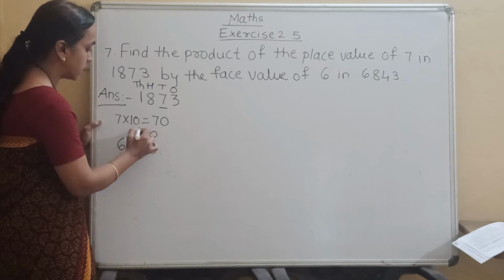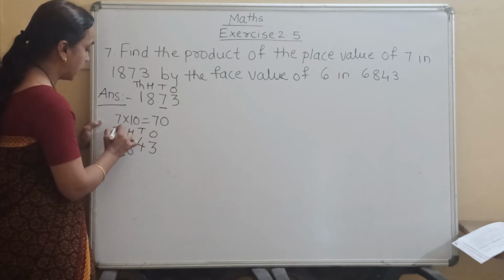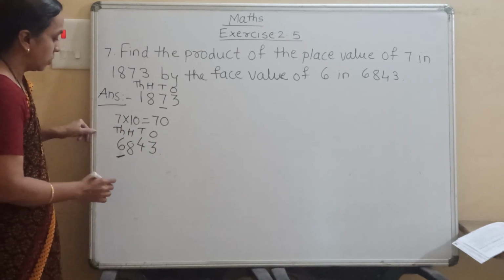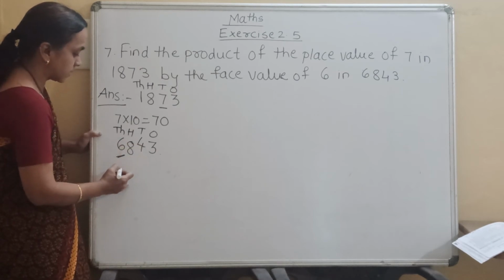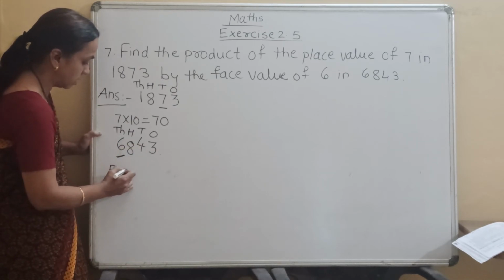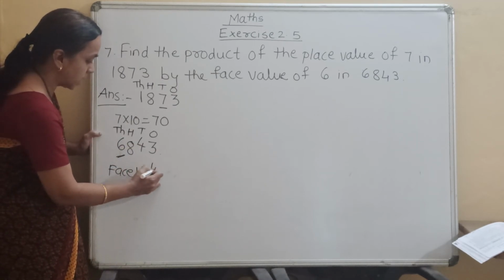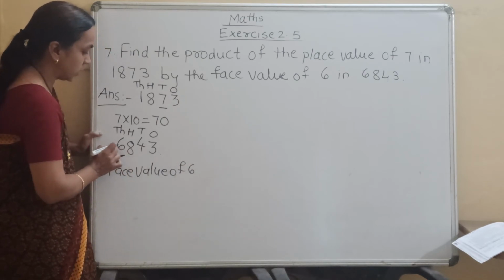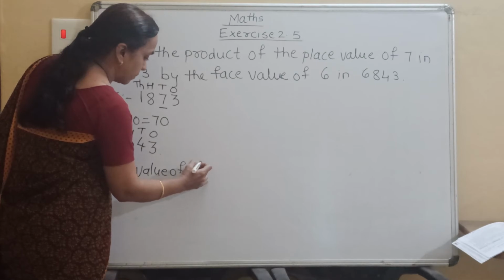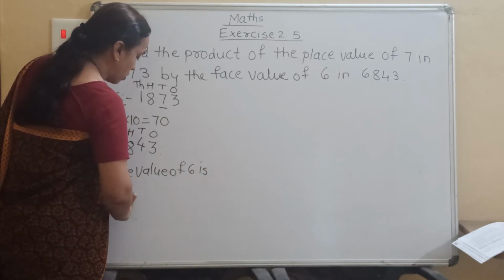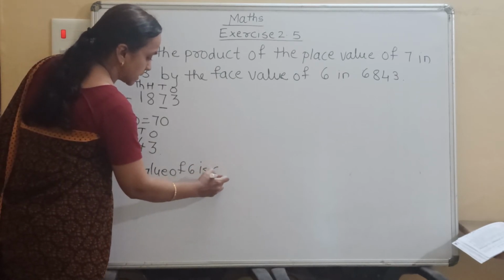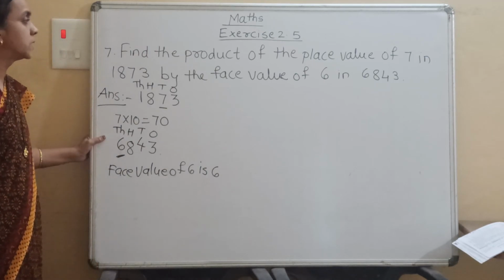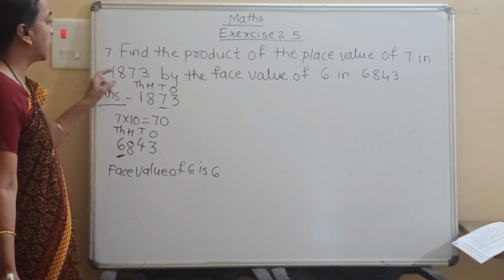So ones, tens, 100, 1000. So face value of 6 means what is the answer? We will write here face value of 6. Face value means we have to write down the same number as it is. So face value of 6 is 6.